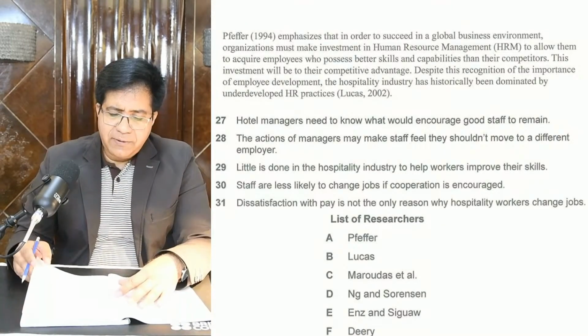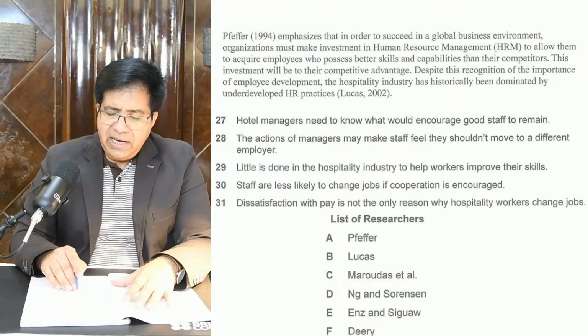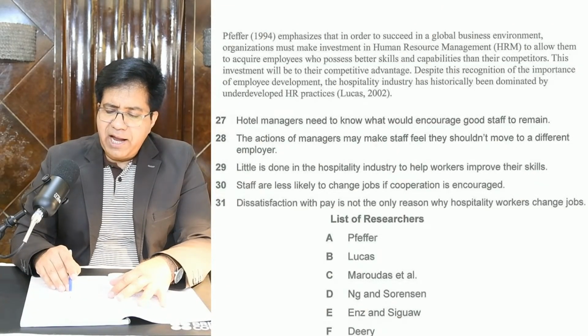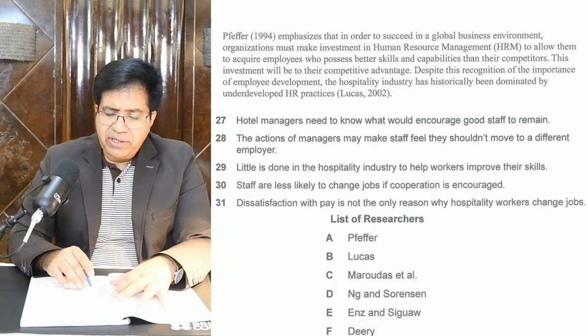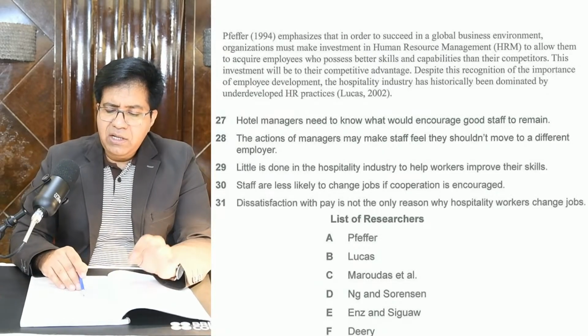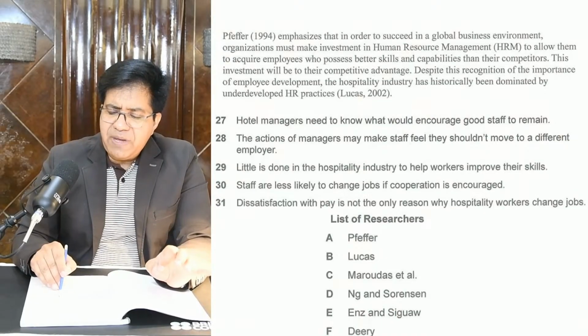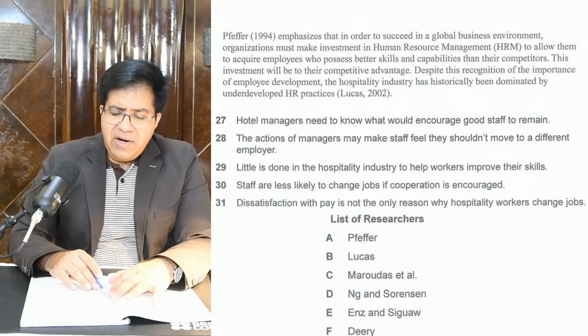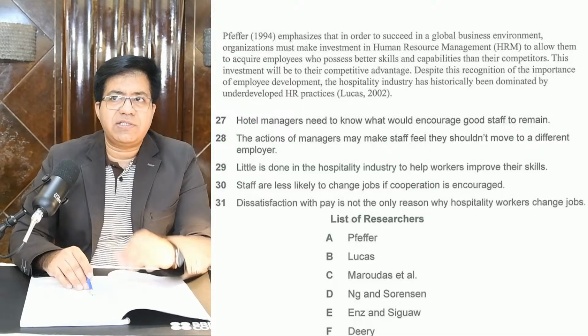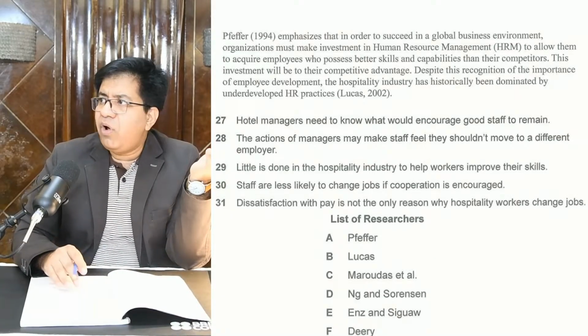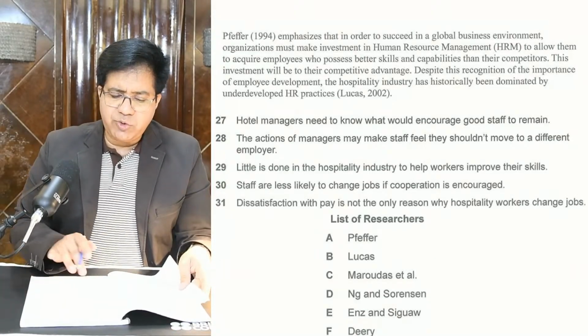Please come back. We read this again. Third paragraph, third last line. Despite this recognition of the importance of employee development, the hospitality industry has historically been dominated by underdeveloped HR practices. Underdeveloped means they have not been developed, so that is 29.